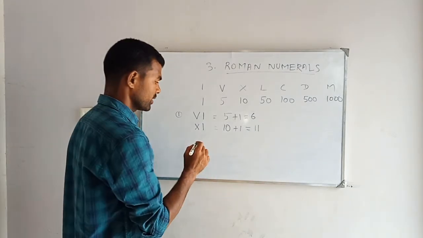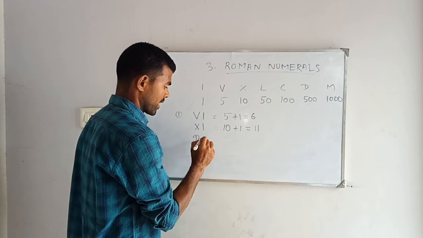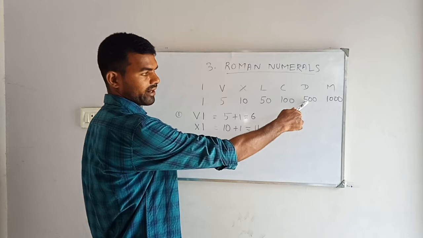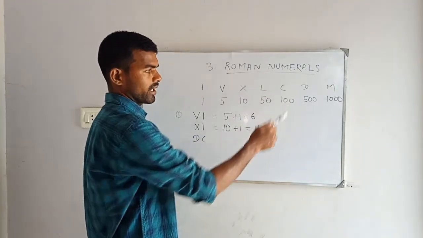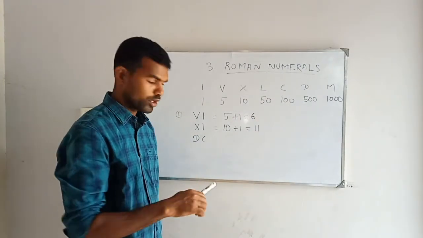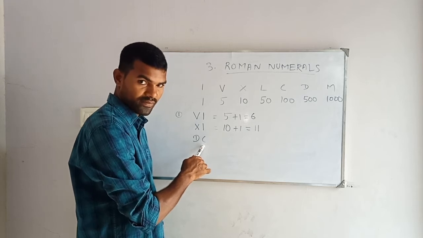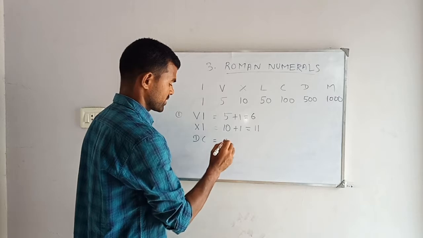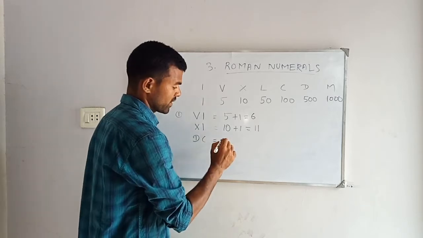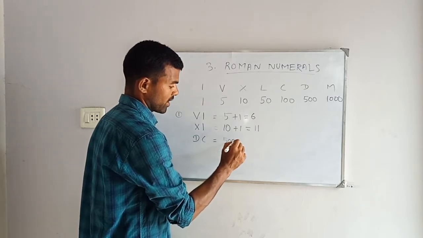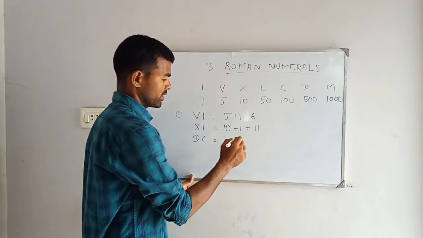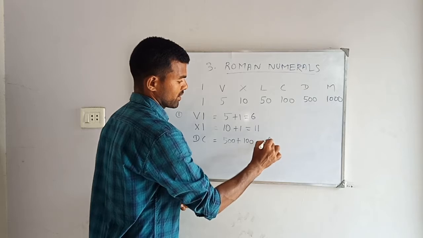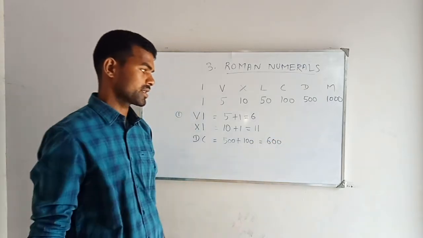Like this you can tell D and C. D is 500 and C is 100. When you write the smaller numeral on the right side of the bigger numeral, you have to do the addition. So D and C: 500 plus 100 is 600. You have to do the addition.